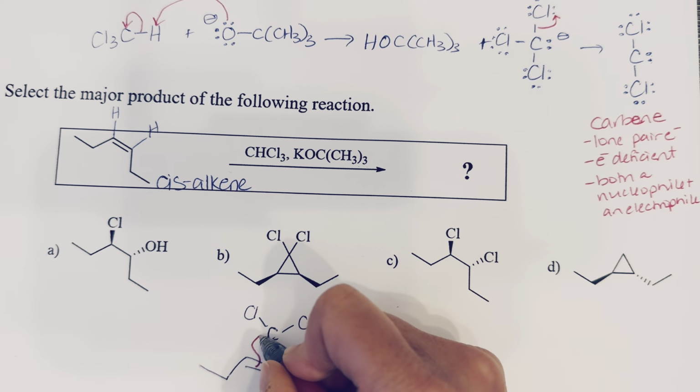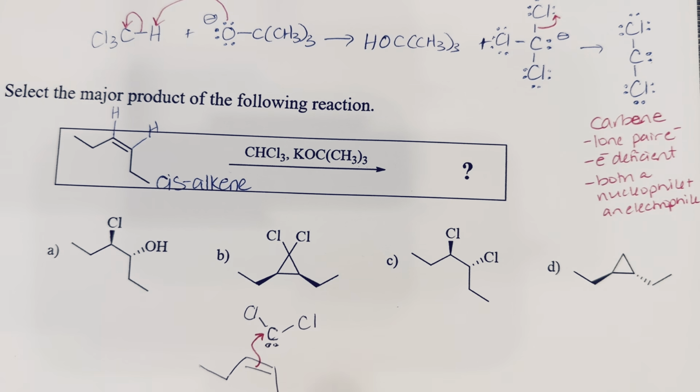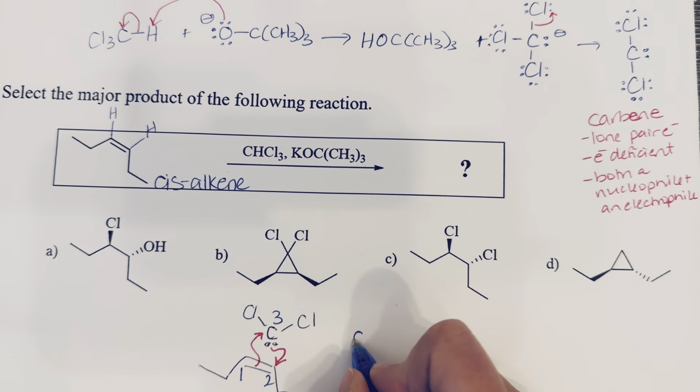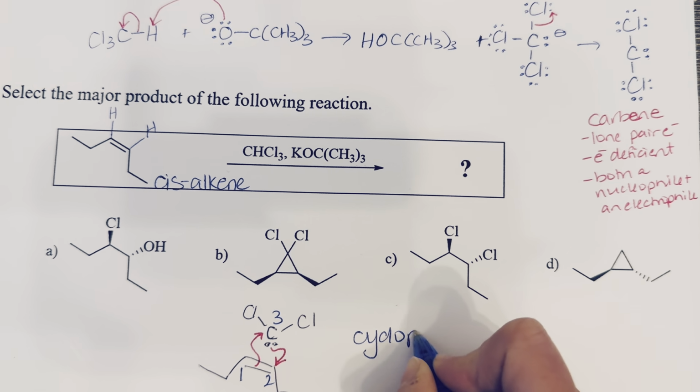So the alkene can attack the carbon as a nucleophile. And as we're building up a positive charge here, the lone pair of electrons on the carbene can act as a nucleophile and attack the alkene carbon. So what we're doing here is we are making a 1, 2, 3 carbon atom ring. So this is a cyclopropanation.